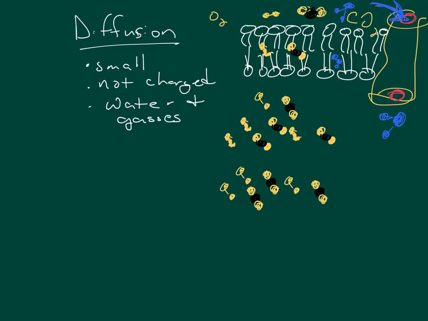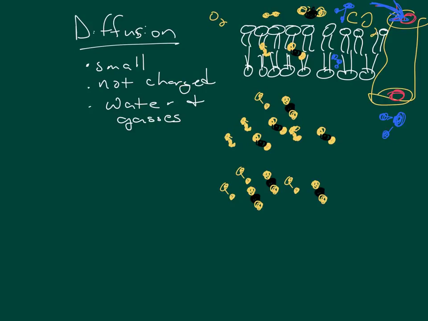So when we're looking at these molecules that pass through easily, I hope no one for the rest of your lives ever says that water does not pass through the membrane easily, unless, of course, you're told in the problem that it doesn't. You never know what kind of tricky question you might be asked. But water will pass through the membrane easily, always. And so will small molecules like oxygen and carbon dioxide that are nonpolar. Not charged. Water's not charged.